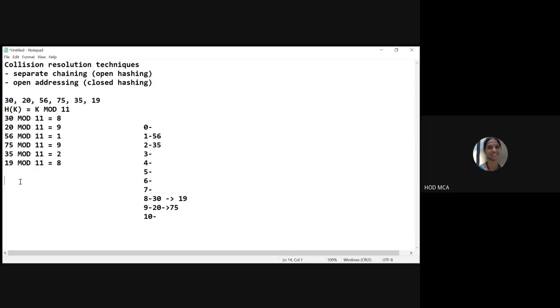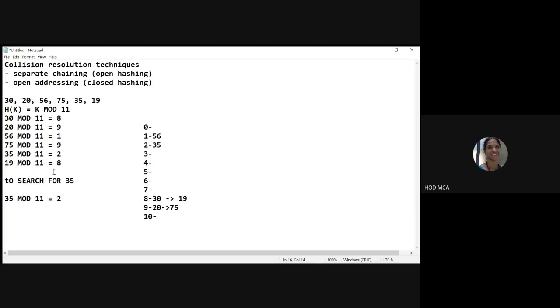Now I want to search for a particular element. Let us say I want to search for 35. How do I search this? If I want to search for 35, I will find out what 35 mod 11 is. 35 mod 11 is going to give me 2.